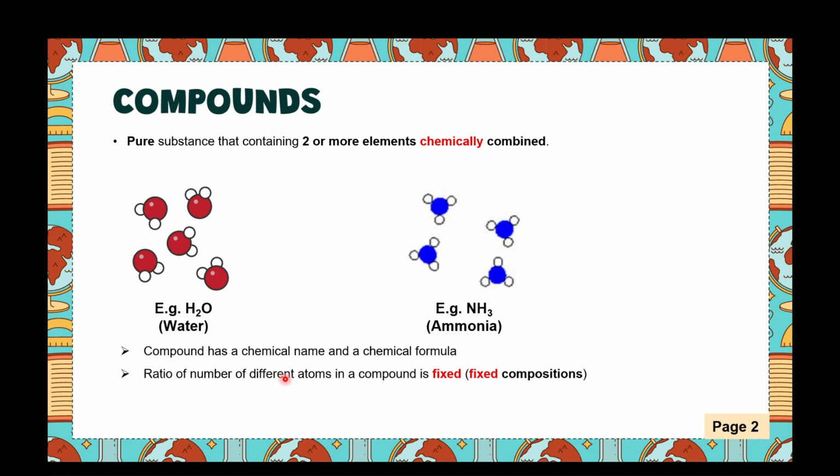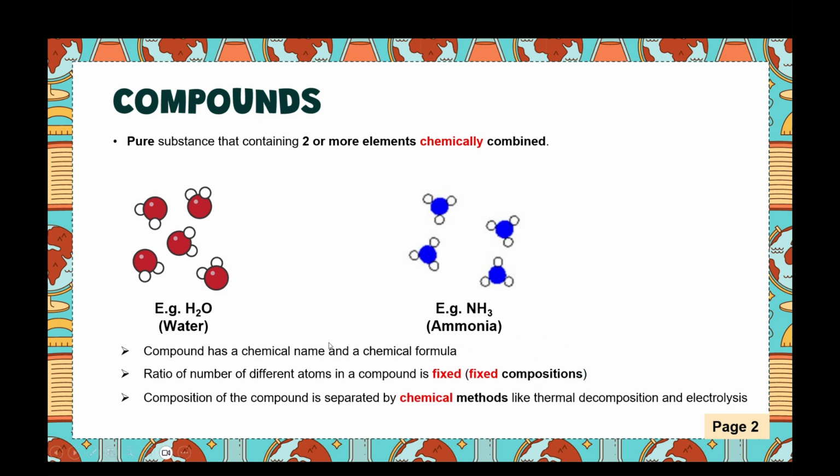The ratio of the number of different atoms in a compound is fixed, and this is what we mean by fixed composition. So for example, water will always be H2O, whereby there are two H atoms and one O atom. We cannot say that water is H3O or H4O.